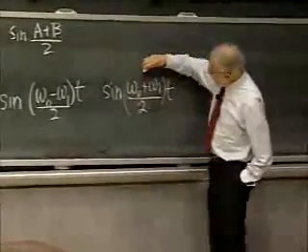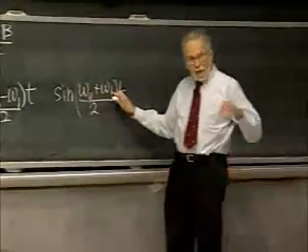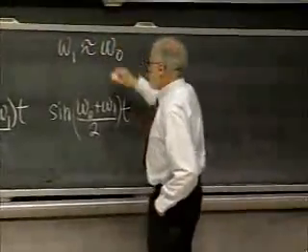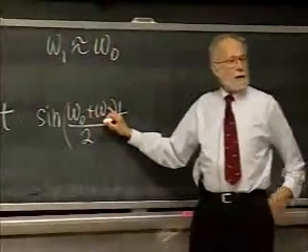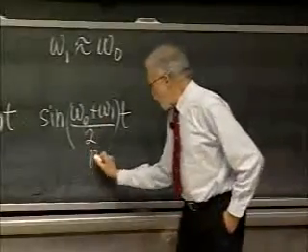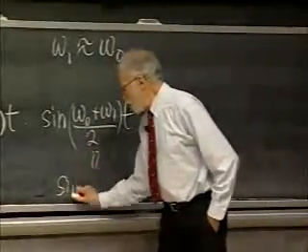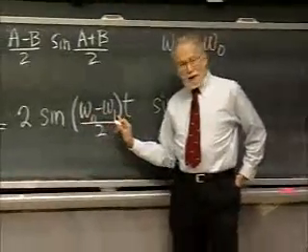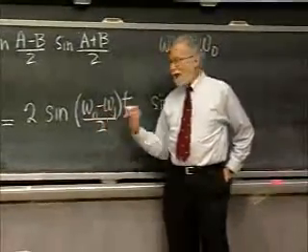Now, how big is this approximately? Think of omega 1 as close to omega 0. Then this is approximately omega 0. So this part is approximately the sine of omega 0 t. This part, on the other hand, is a very small thing.